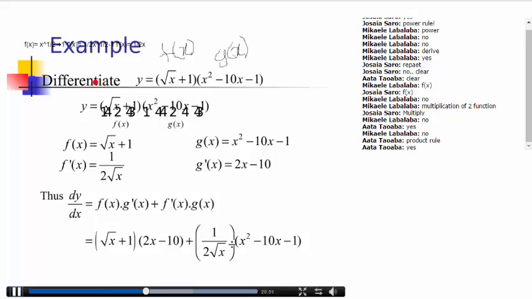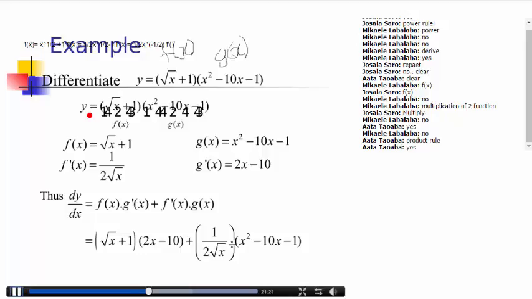What will happen on top? It is half minus 1. What is half minus 1? Negative half, isn't it? So this is half multiplied by x to the power negative 1 over 2.